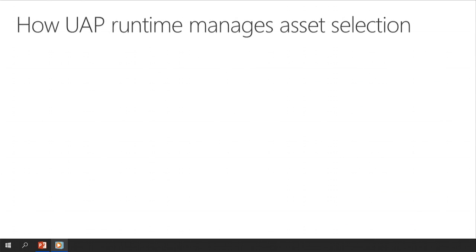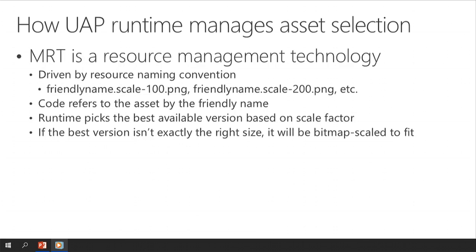So let's talk a little bit about the runtime and how that manages asset selection and where these asset packs fall into it. So there's a technology called MRT, Modern Resource Technology, I think it's what it stands for. And it's basically a technology that manages assets of various kinds, strings, bitmaps, that kind of thing.